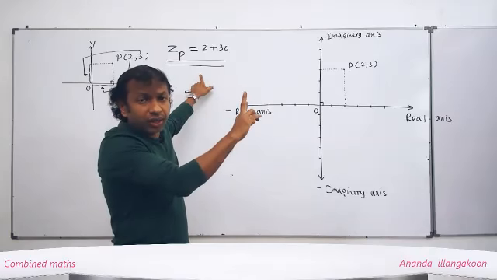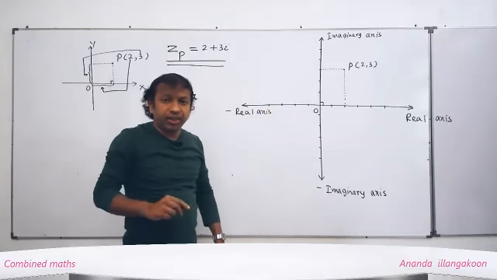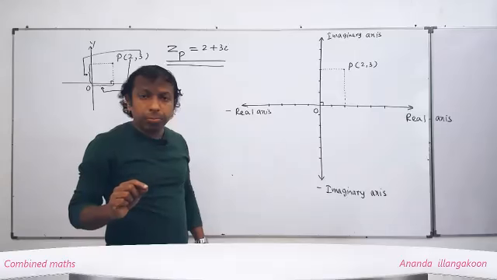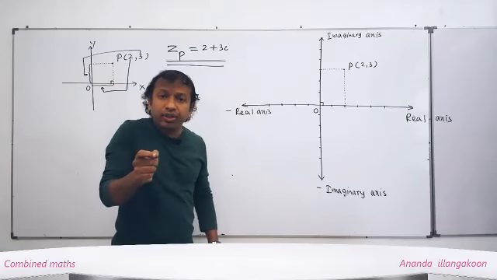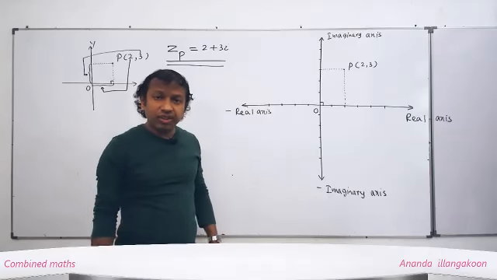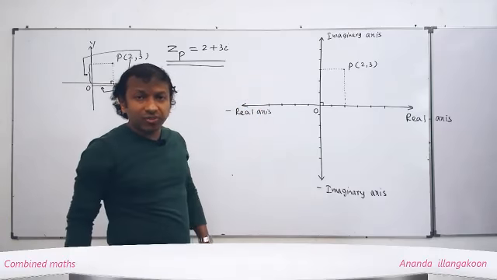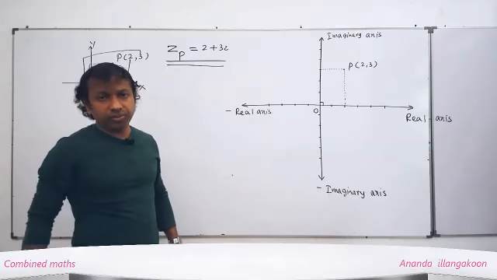Therefore, people, for every point in the Argand plane, taking the real and imaginary part, we can write a complex number. Then in the Argand plane, how many complex numbers are available? Infinity. Why? Every point has a complex number.